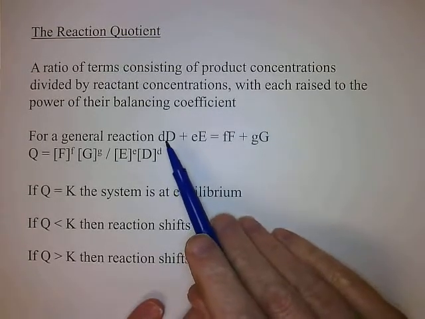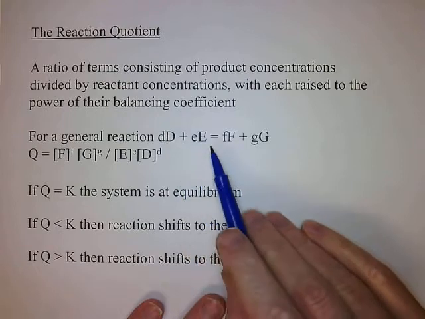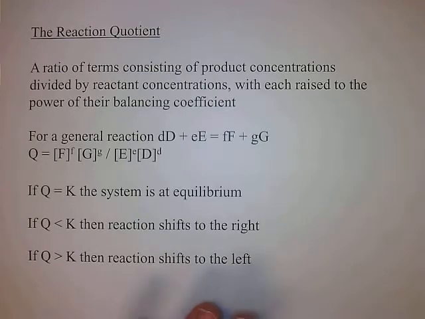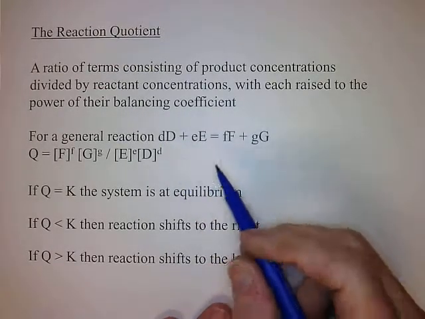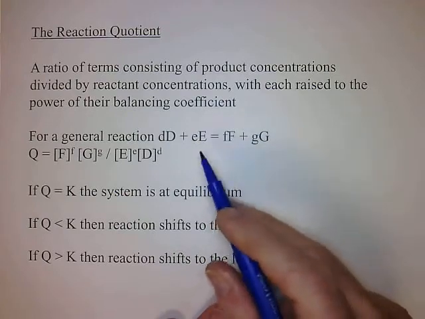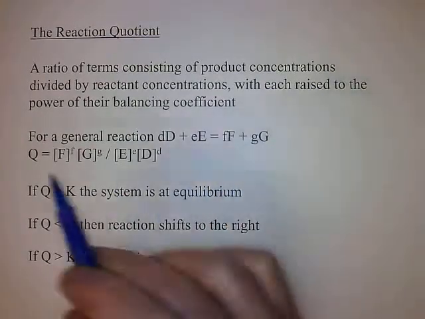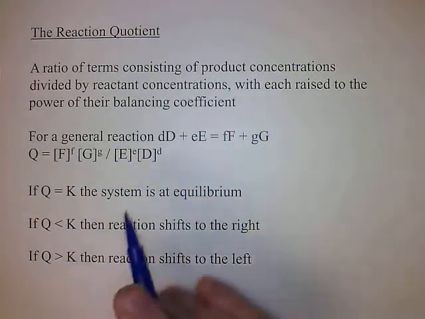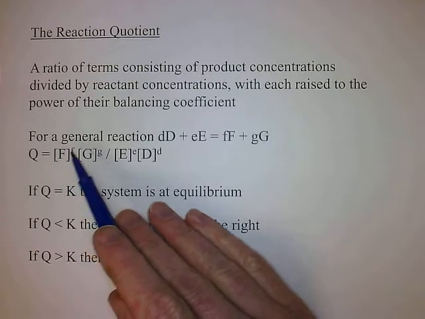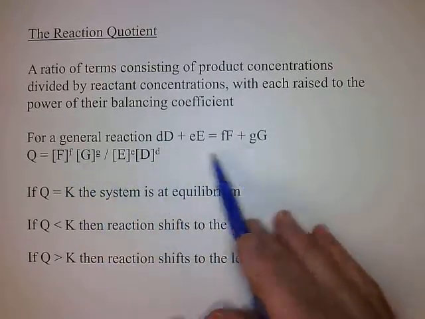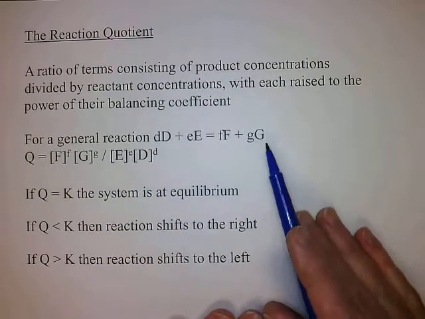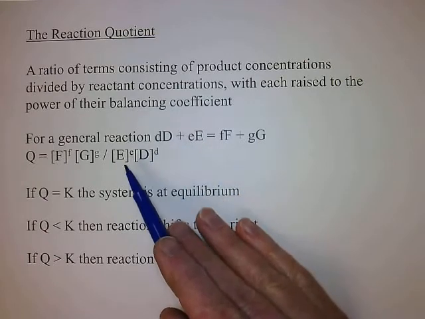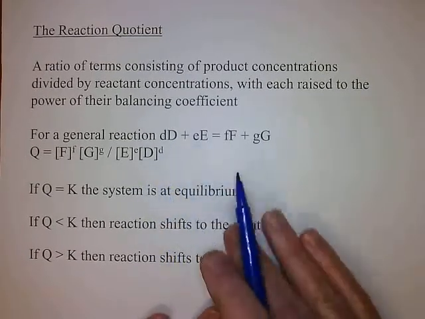So if we have some general reaction, dD plus eE makes fF plus gG, the lowercase letters are the balancing coefficients, and the uppercase letters are the formulas, right? One more time, it's always products over reactants. So Q equals the concentration of F to the f power times the concentration of G to the g power, divided by the concentration of E to the e power times the concentration of D to the d power.